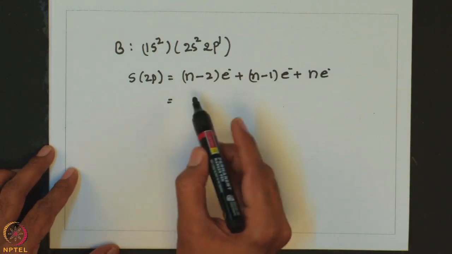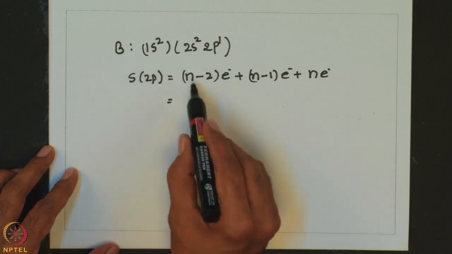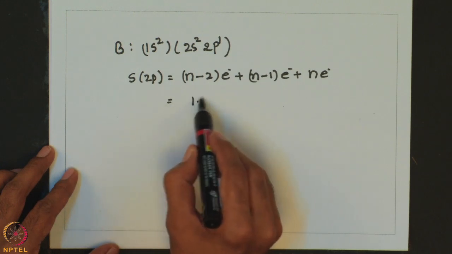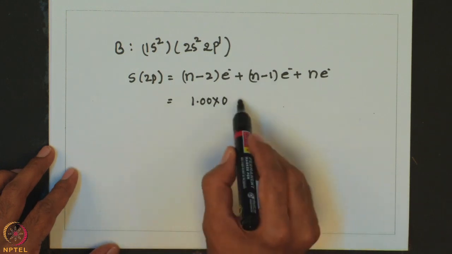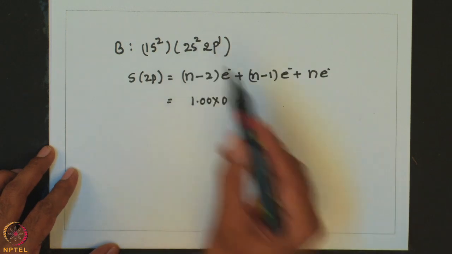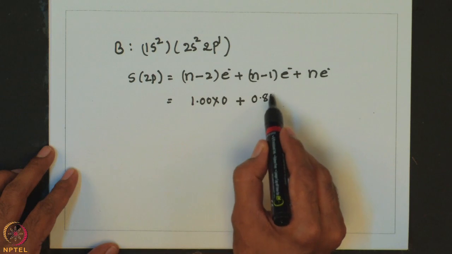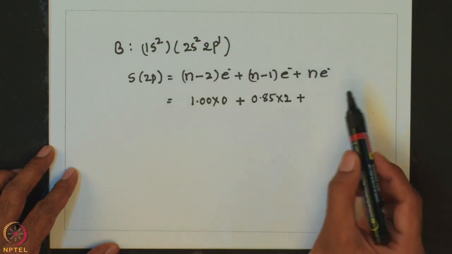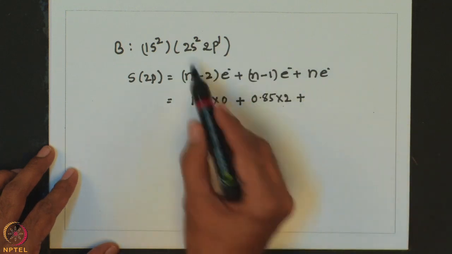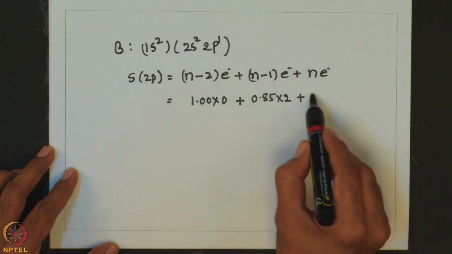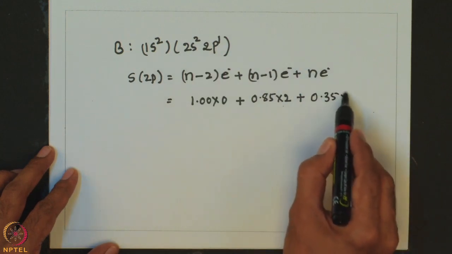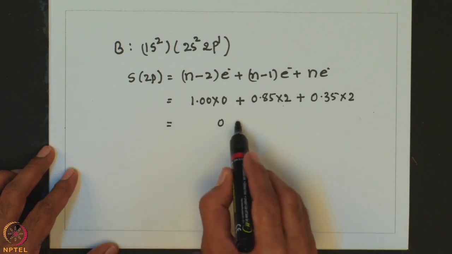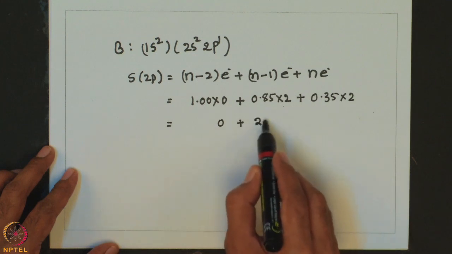So, here, n minus 2, we do not have anything, zero, plus we have 2 electrons here, 0.85 into 2, and then here only 1 electron is there, and in this case we have 2 electrons, 0.35 into 2. So, now this will come around 0 plus, the total will be 2.4.